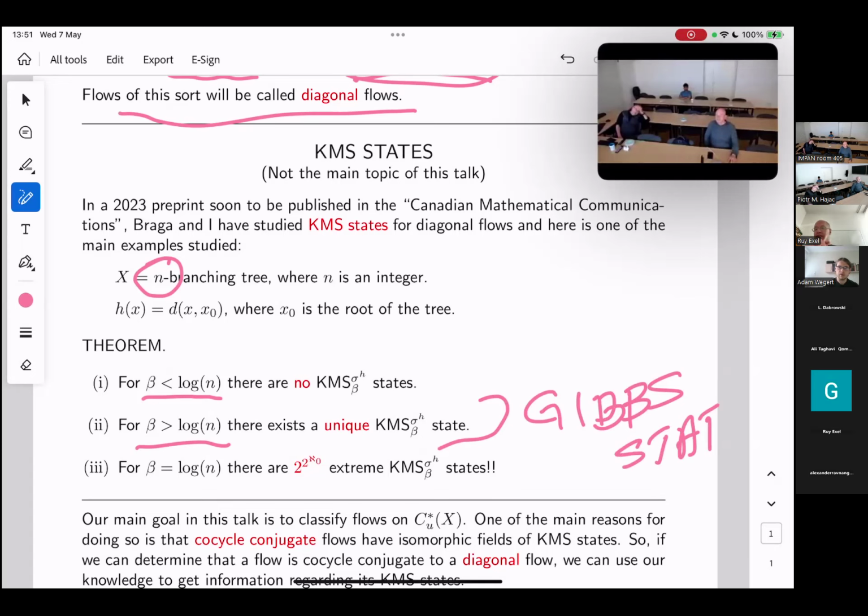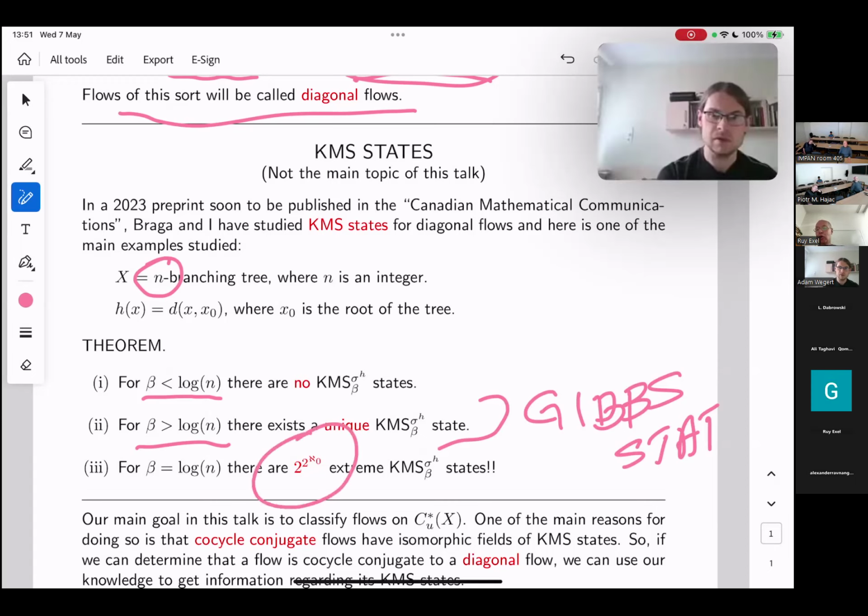But then at the critical temperature, there's something incredibly intriguing: we get 2 to the 2 to the Aleph 0 extremal KMS states. Wow. That's a behavior that people in quantum statistical mechanics have not seen so far, because normally those weird phase transitions correspond to a critical temperature which is approached by multiple KMS states.